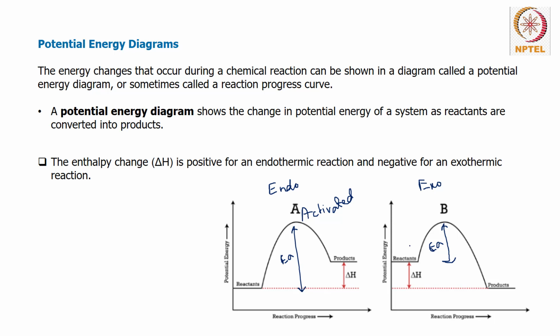So from this diagram you can get an idea which reaction has less activation energy, exo or endo. Obviously exo. Exo needs a lesser amount of activation energy because it is already releasing heat. It itself is releasing energy to go to that product, so you don't need excess energy to go to that product.